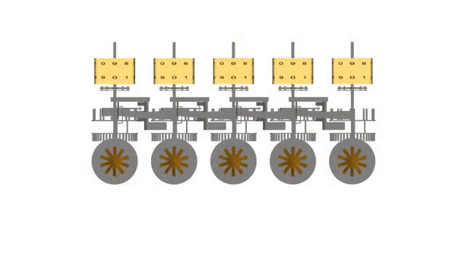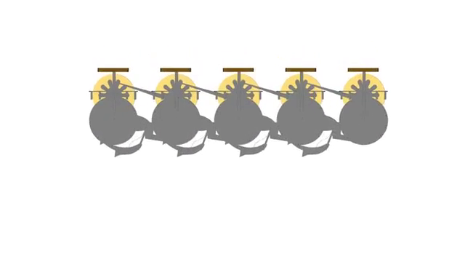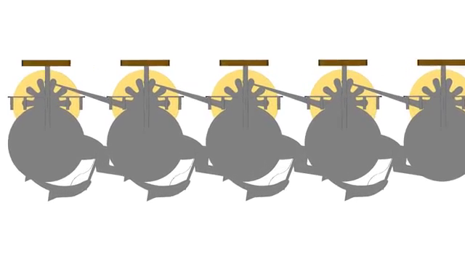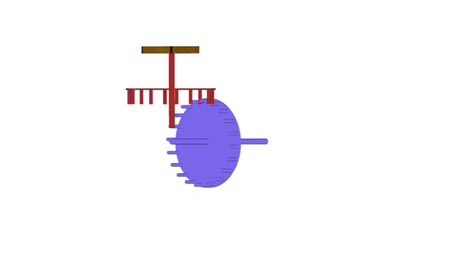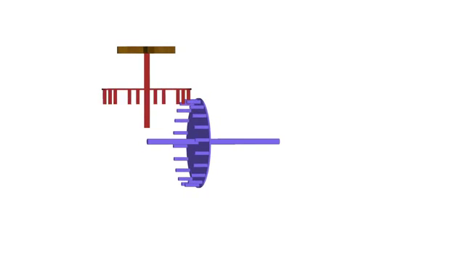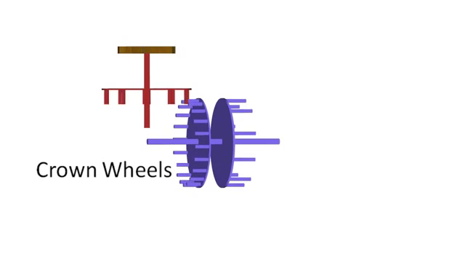Looking inside the Pascaline, we see 5 sets of nearly identical mechanisms. A pair of crown wheels transfers the rotation of the input dial to an accumulator wheel.